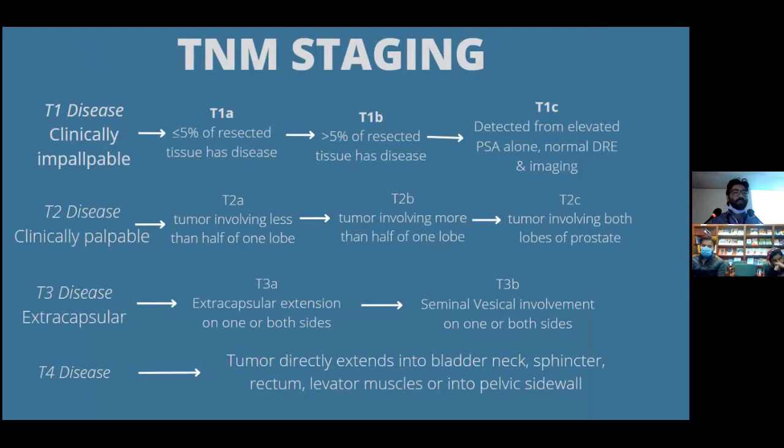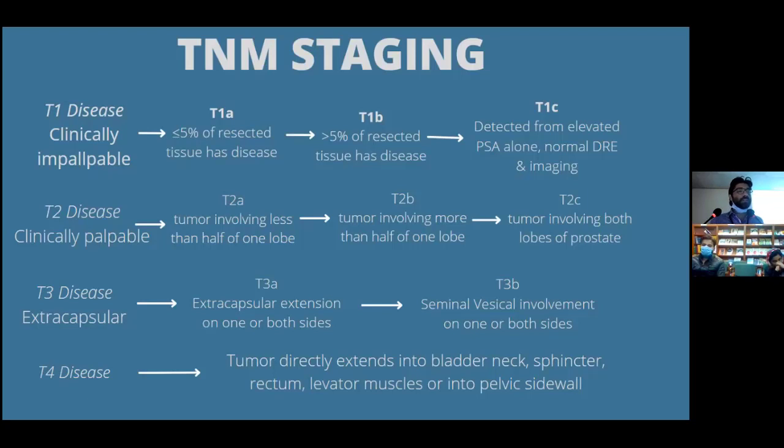If less than or equal to 5% of the resected tissue has cancer, it's T1A. If more than 5% of the resected tissue has cancer, it's T1B. And if the cancer is detected by elevated PSA alone and a normal DRE, then it's T1C.